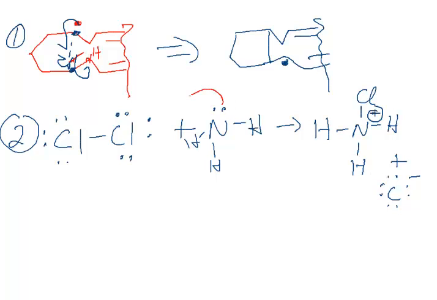So you would have the arrows going from the nitrogen to the chlorine, and then this bond breaking, and both electrons in this bond are going with the chlorine. So that's why you can see it has a negative charge, because this electron here was donated by this chlorine, but now this chlorine has both electrons, so it's picked up a negative charge.